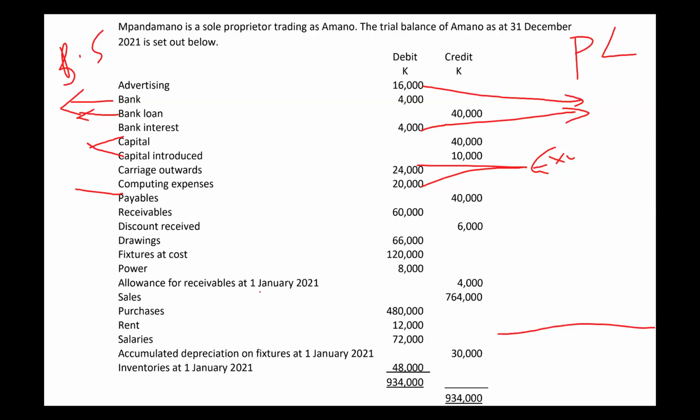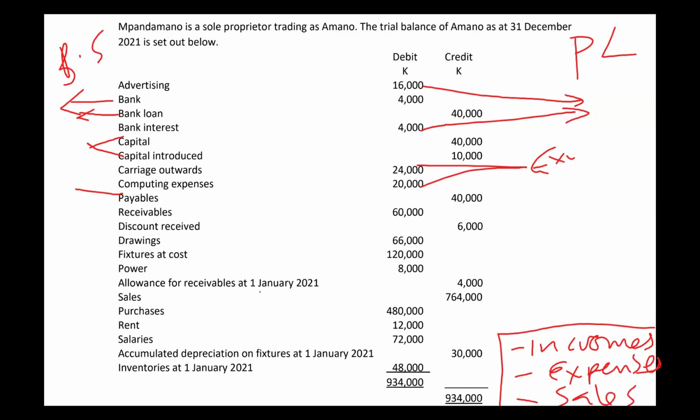Maybe just a simple guide. When you talk about profit and loss, the common elements you find there are incomes or gains, expenses, and sales or revenue. These are what sit on the profit and loss.